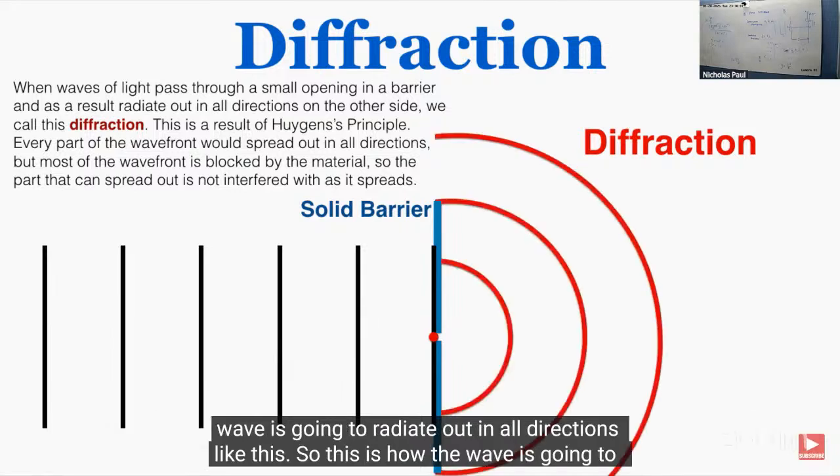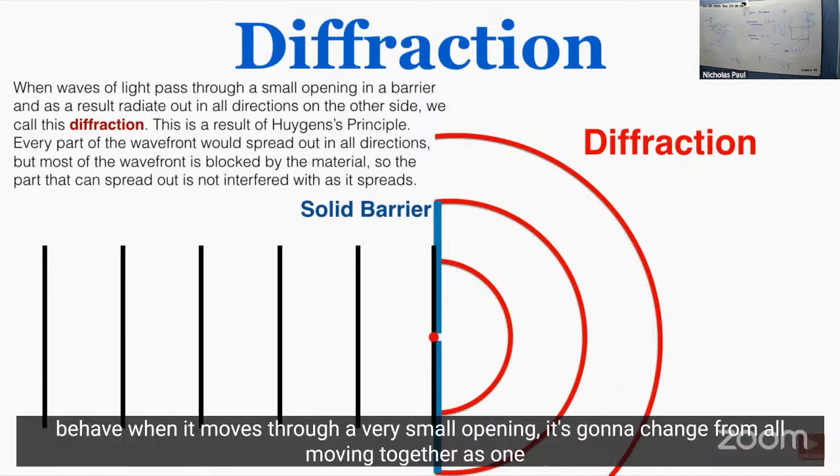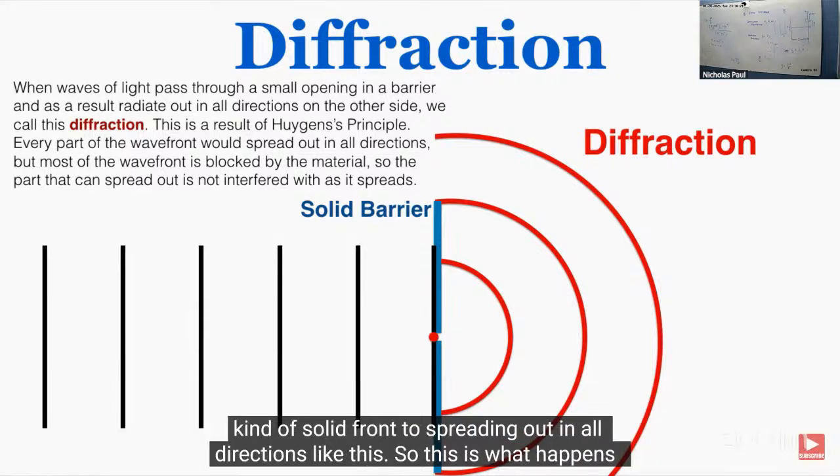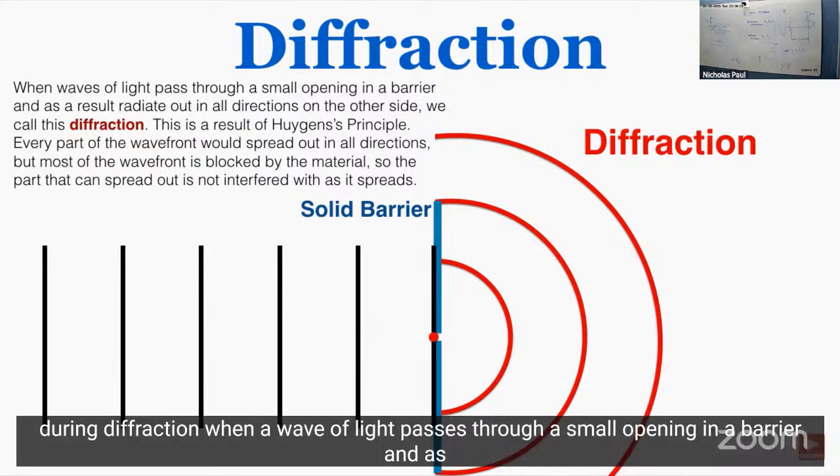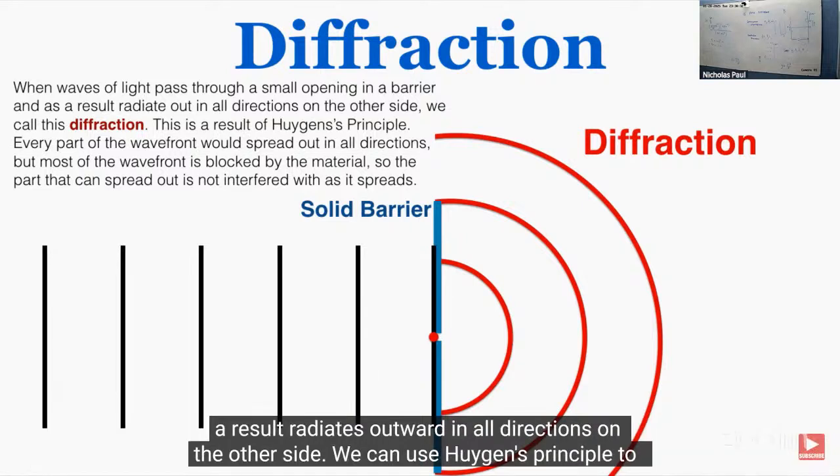So this is how the wave is going to behave when it moves through a very small opening. It's going to change from all moving together as one kind of solid front to spreading out in all directions like this. So this is what happens during diffraction. When a wave of light passes through a small opening in a barrier, as a result it radiates outward in all directions on the other side.